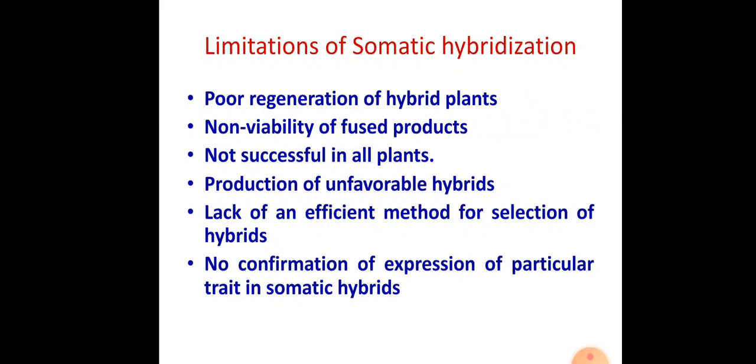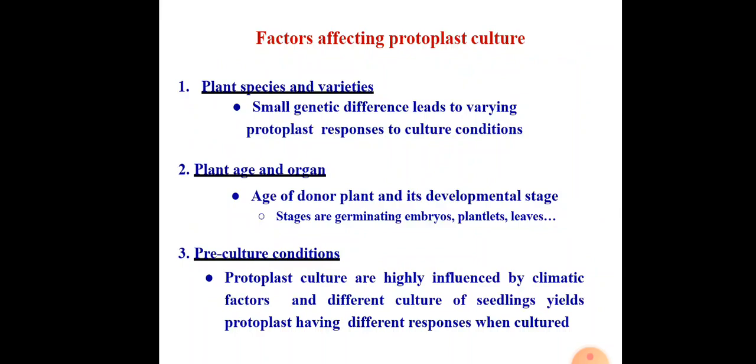Non-viability of the fused product: when you fuse two isolated protoplasts, sometimes they are non-viable, not successful in all plants. We can do it in certain plants, but in all plants it is difficult to succeed. Also the production of unfavorable hybrids, lack of an efficient method for selection of hybrids, and no confirmation of the expression of particular traits in some of the hybrids also.